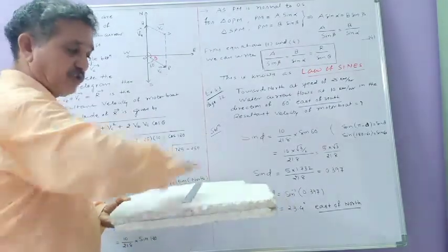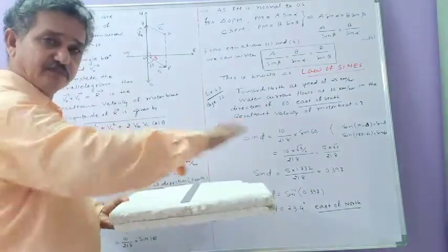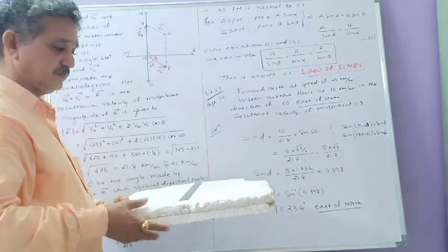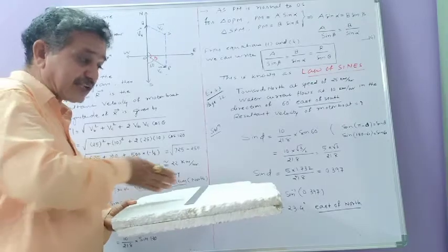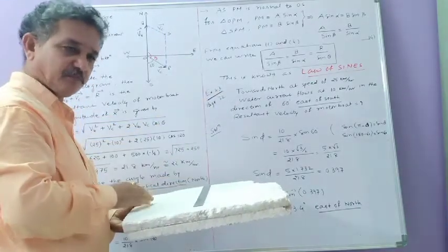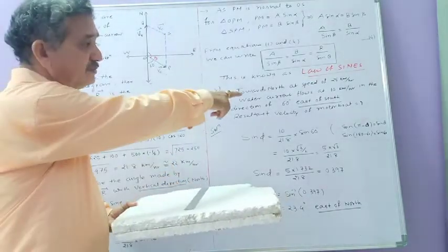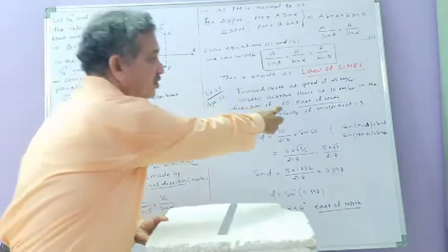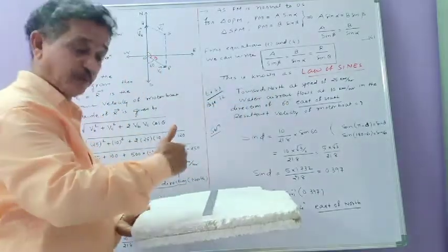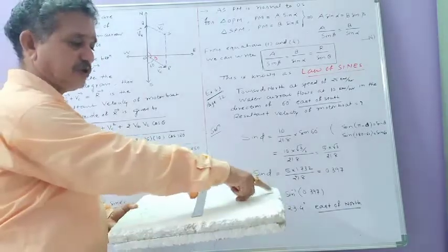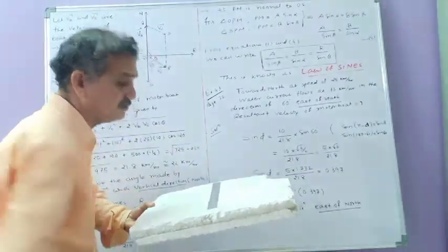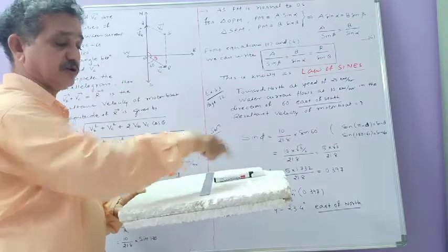And you consider this is the water, this is one river, and this river having a water current. Water current in which direction? Not exactly east direction, but it is in the direction of making 60 degree from south to east. So this is south, this is east. Is it clear? This is east, this is south.